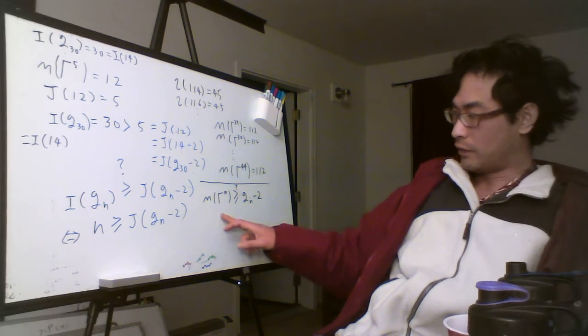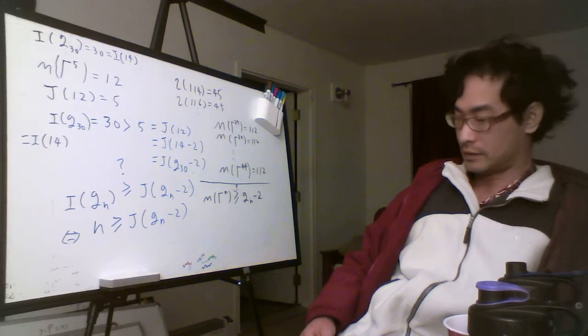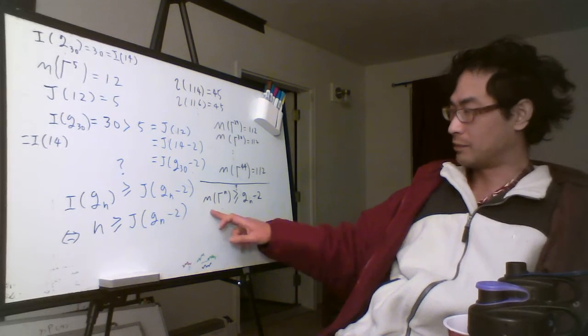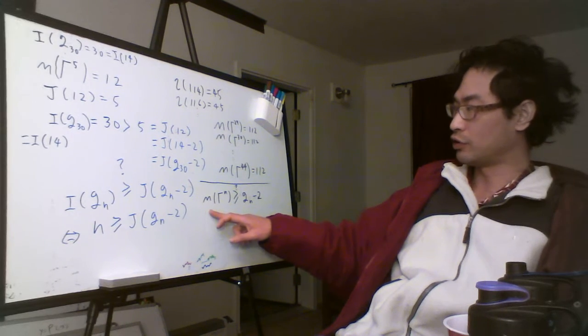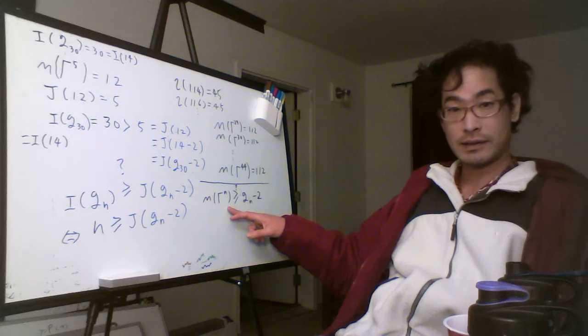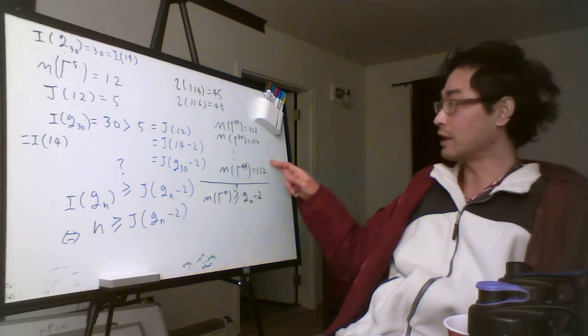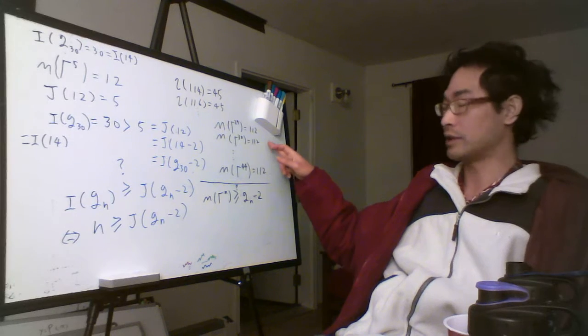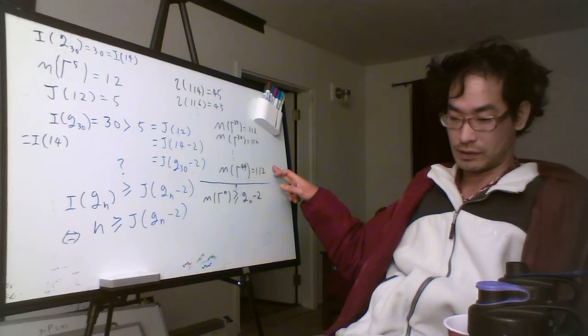Why does this grow faster than this guy? Well, first of all, the continuity maximal never decreases. It can stay the same, but it never decreases. Why?